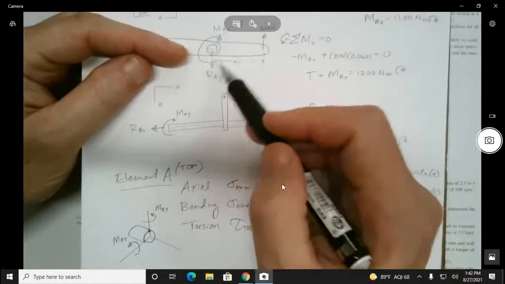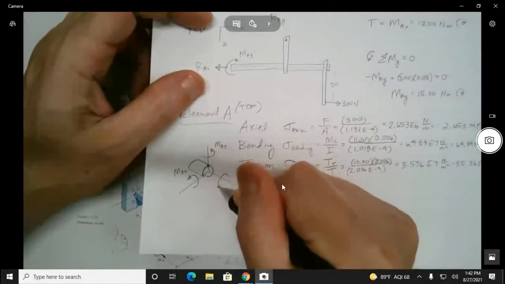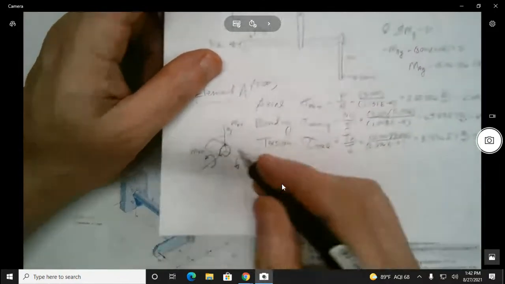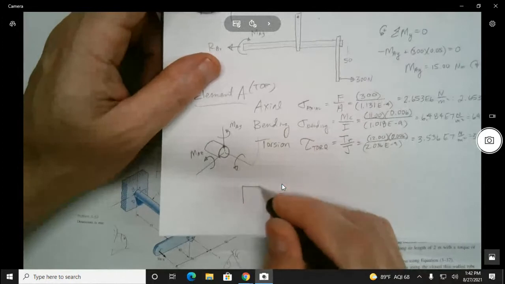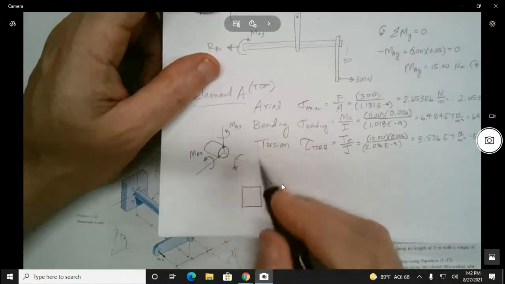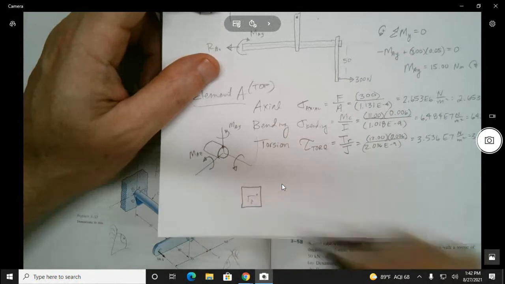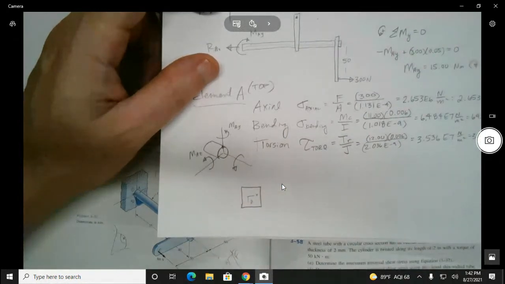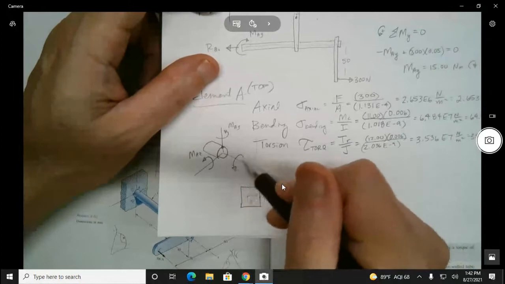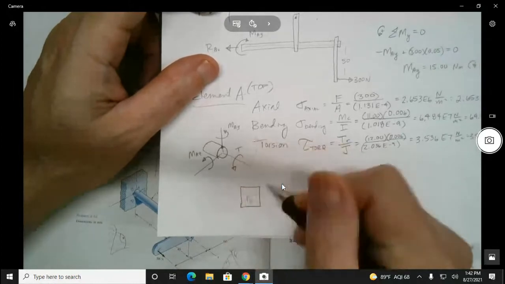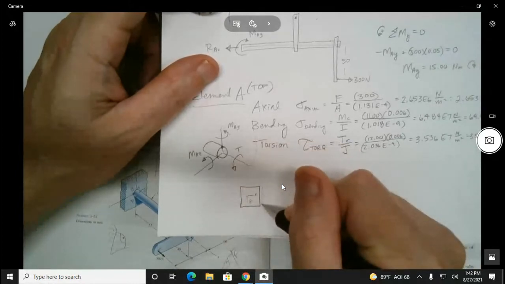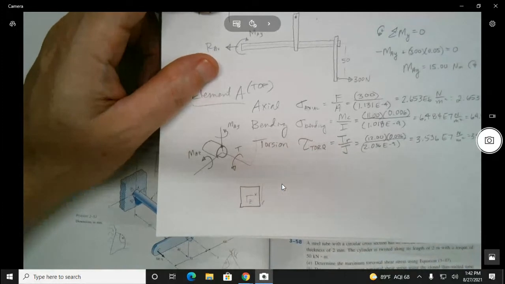And if we want to answer the question that you were talking about right here, note that on this view, it's going clockwise again. So in this view, it's going counterclockwise, right? So if we were to look down on the stress element at that top right here, noteworthy would be XZ. This torsion right here would be coming across the face right there. Can you picture that?